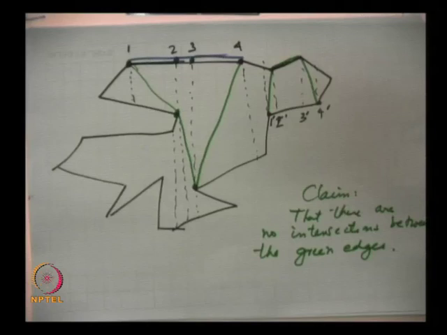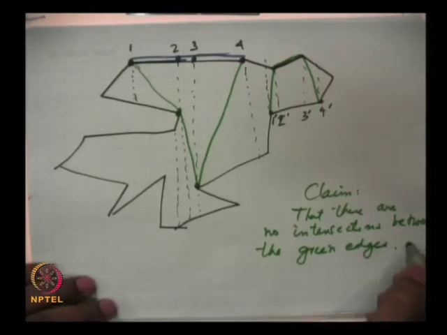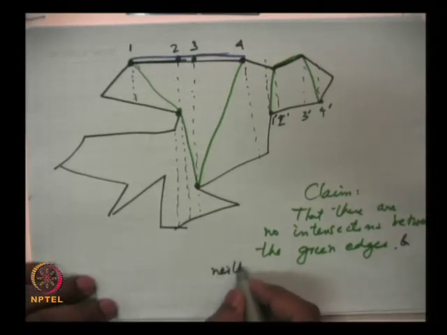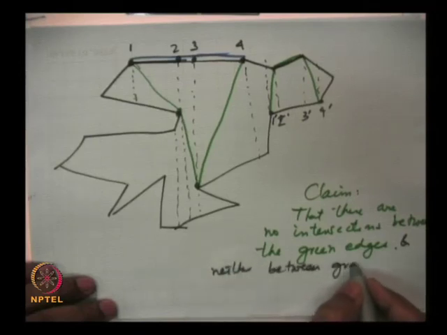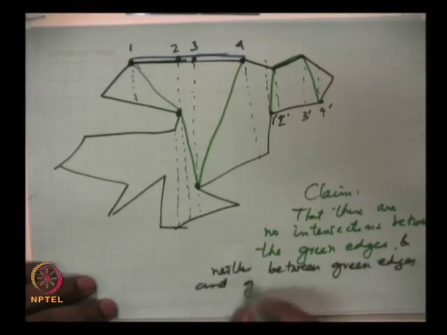And perhaps I should also add that there are none between green edges and given line segments.